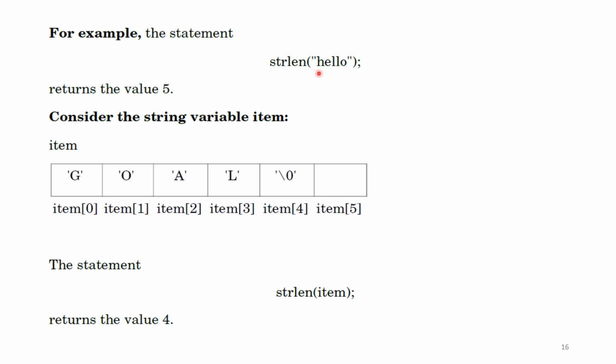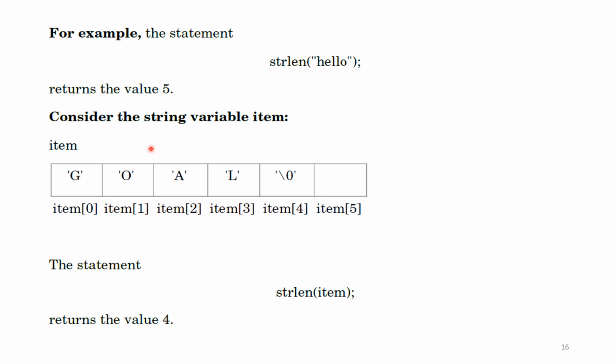Here the number of characters in hello is 1, 2, 3, 4, 5, right? The function returns the value 5. That means the function doesn't count the terminating null character, right?